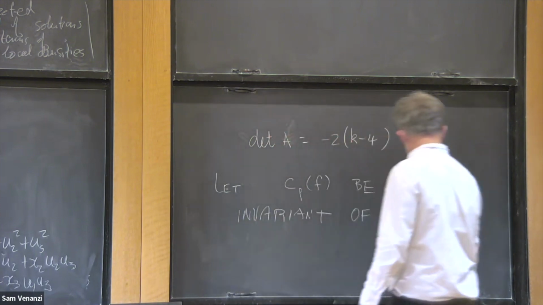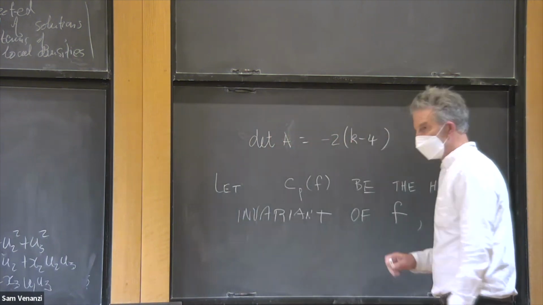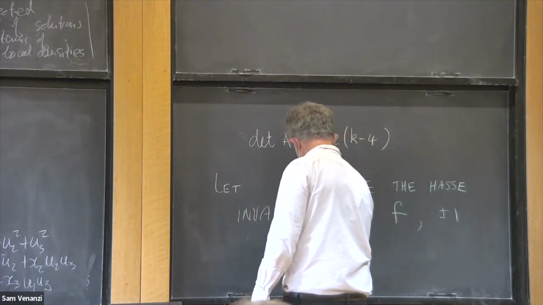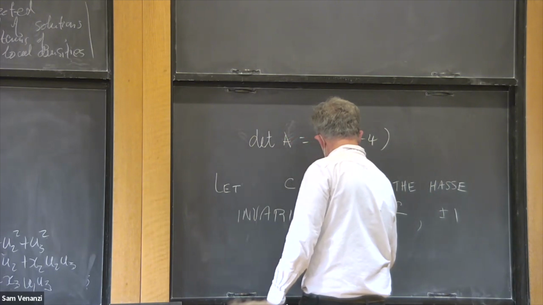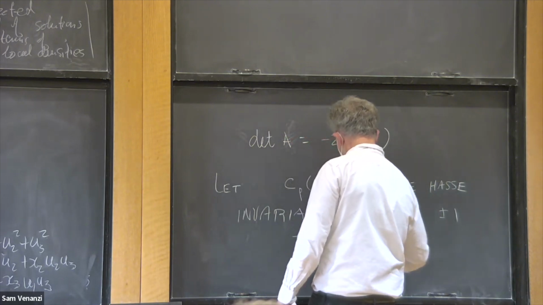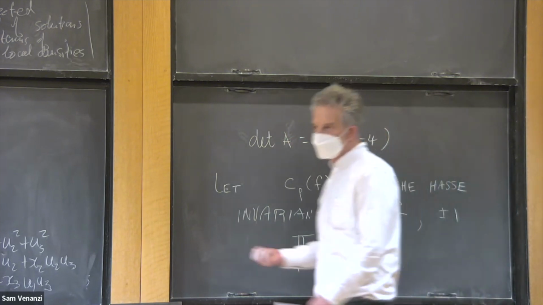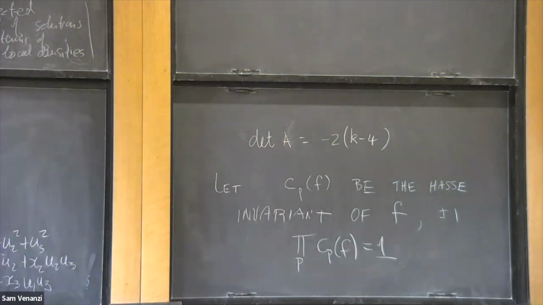It's plus or minus 1 valued locally, and the product over all p, including infinity, of c_p(f) is 1. And that follows from quadratic reciprocity. That's equivalent to quadratic reciprocity.